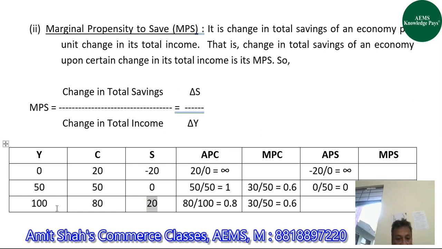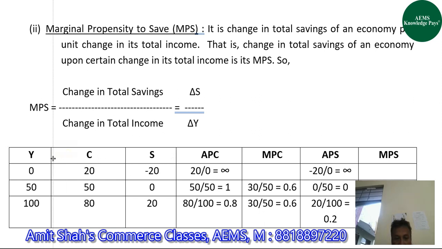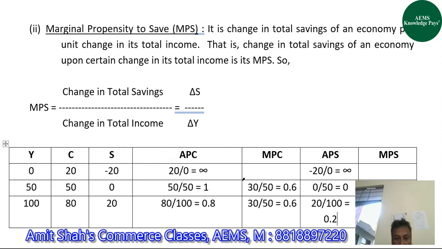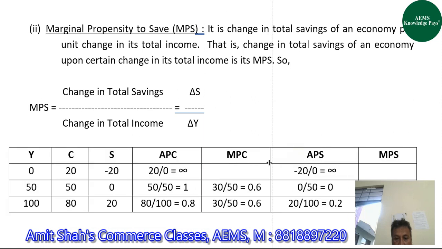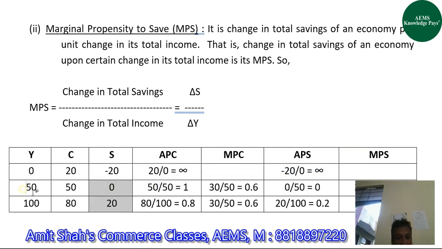APS is 20 divided by 100, that is 0.2. And MPS is change in savings, that is 20 divided by change in income, that is 50, means 0.4.